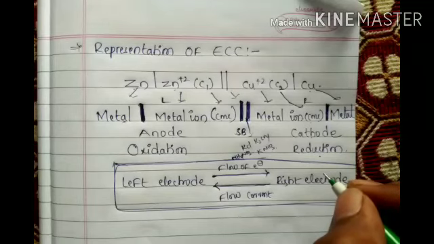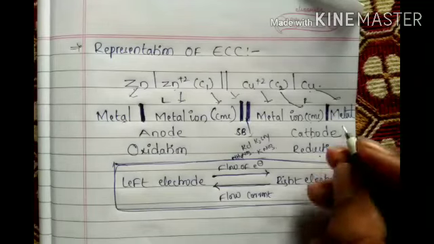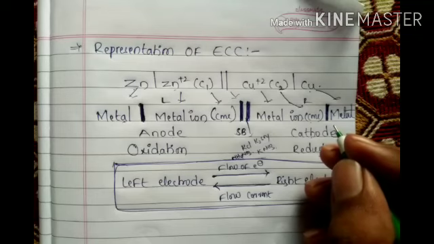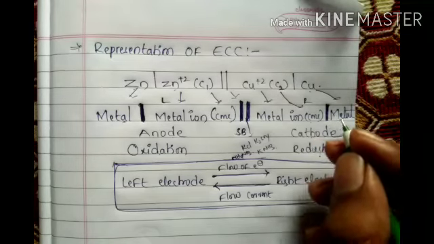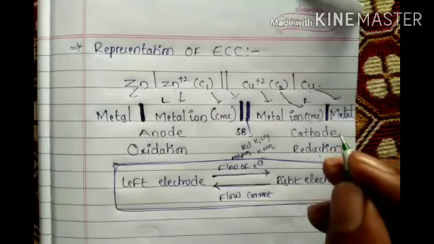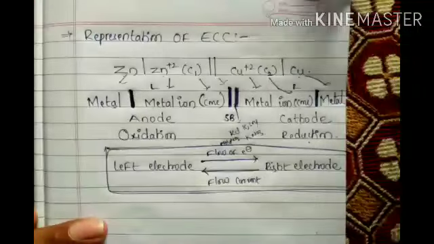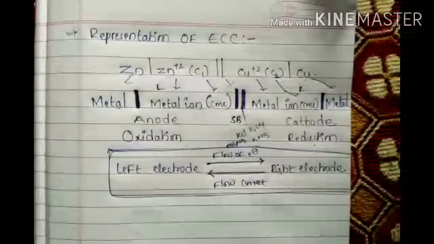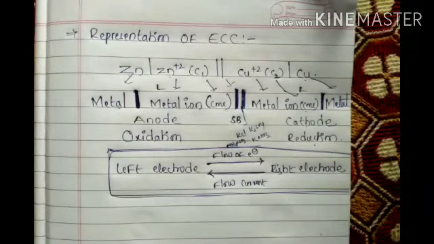Their ions have almost equal transport number. So 0.1 they will take, for the electrolytes. I will tell you later. This is the electrochemical cell representation. Got it?